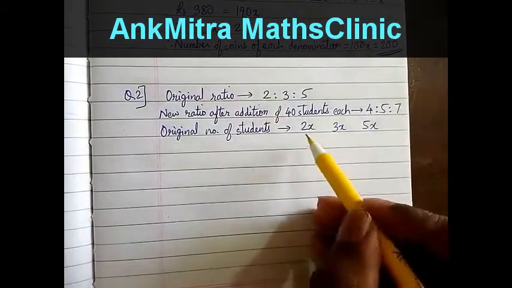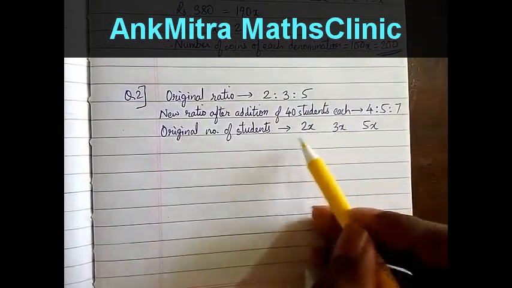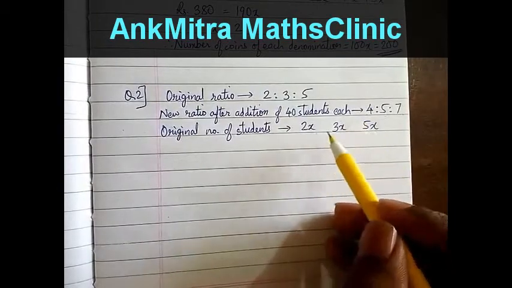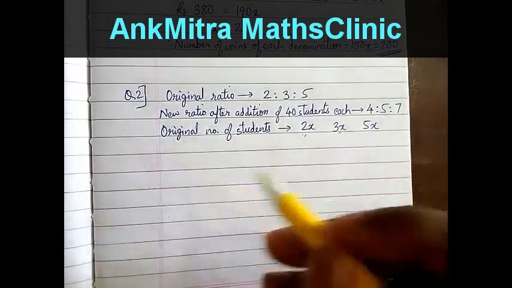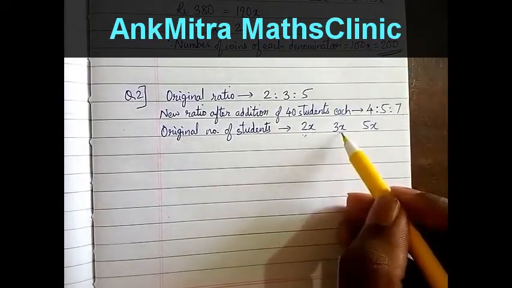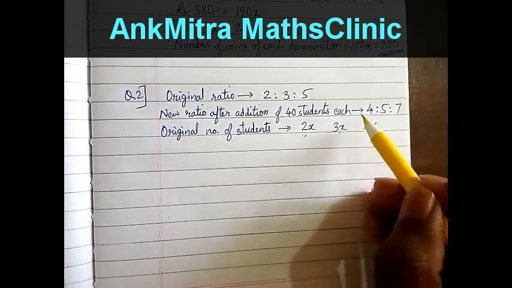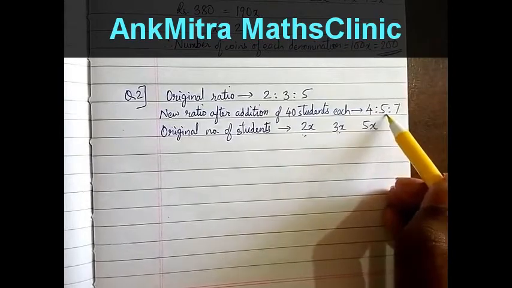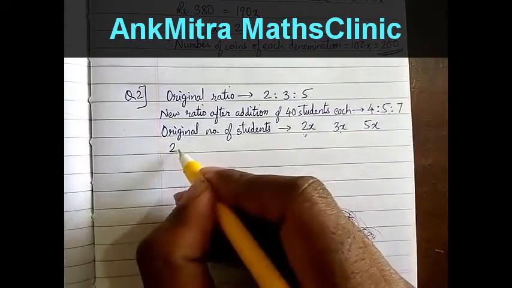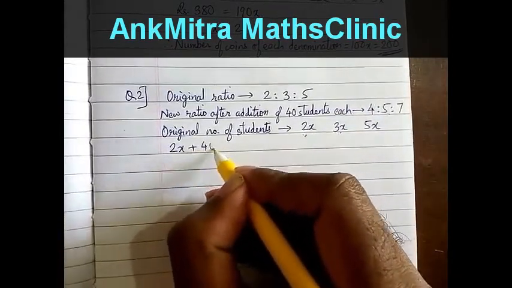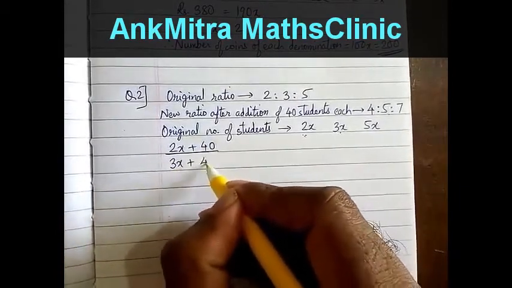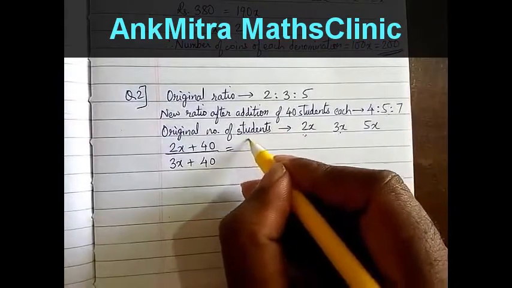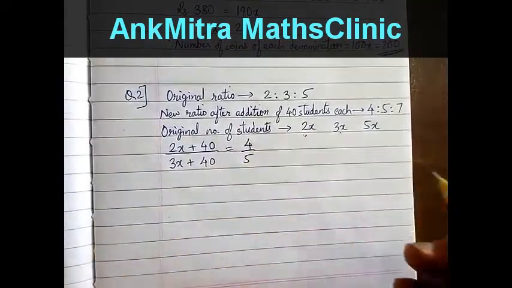Okay, so we can use any 2 classrooms for just comparison's sake. So using these 2 classrooms, 2x and 3x, when 40 students are added to these 2 classes, the new ratio becomes 4:5. Okay, so we have 2x plus 40 upon 3x plus 40 gives us 4/5 as the new ratio.